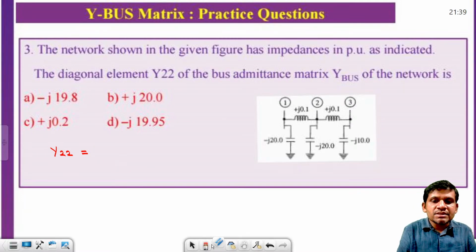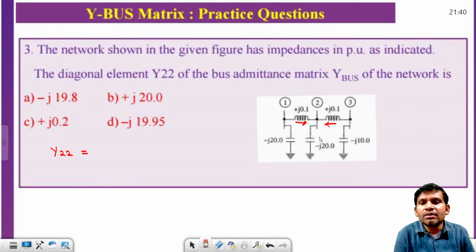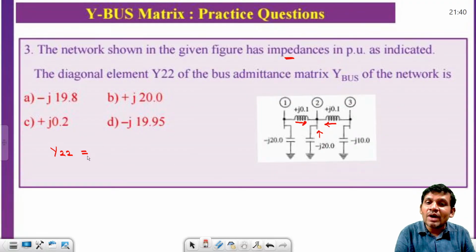This is the second bus. J0.1, J0.1, minus J20. But all these are given in per unit, and the network shown in the figure has impedances. But here what we need is admittances.